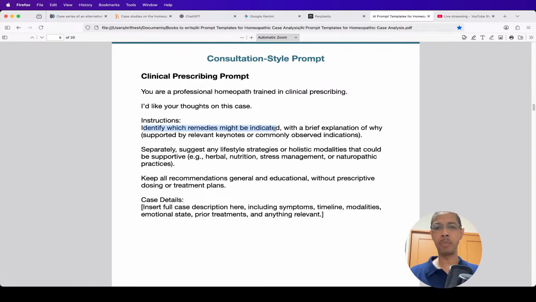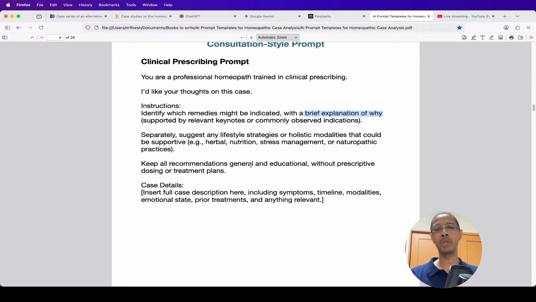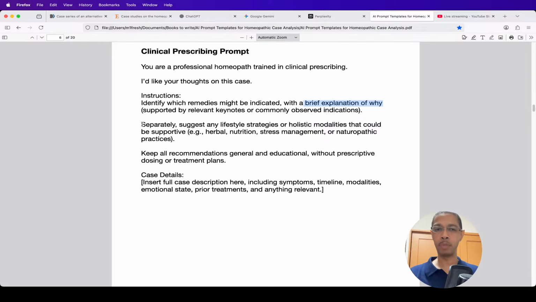We want it to identify remedies which might be indicated, and a brief explanation of why, supported by relevant keynotes or commonly observed indications. That gives you more information and an idea of the reasons these remedies are put in here. You can dismiss them yourself, but it's more helpful in brainstorming. For this, I also had it add some lifestyle strategies or holistic modalities that could be supportive, like herbs, nutrition, naturopathic practices.